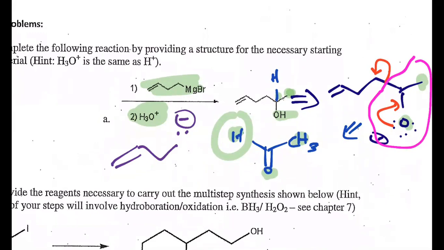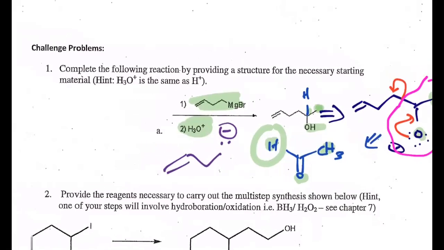Again, don't lose sight of the fact that we are working backwards. We're starting with the addition products that we get if we put the granular and the carbonyl together, and we're working backwards to see what carbonyl and what granular we put together to get there. So the purple and the blue are two separate pieces. You see how this space over here is blank? Those would be my two reagents.